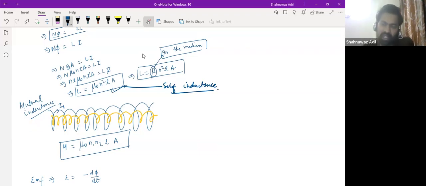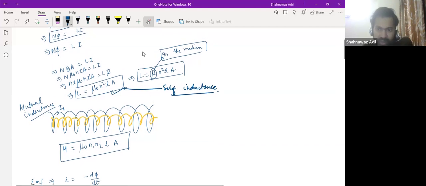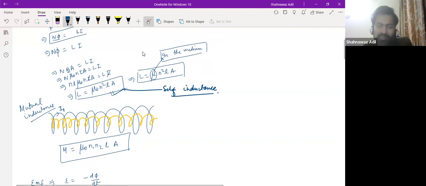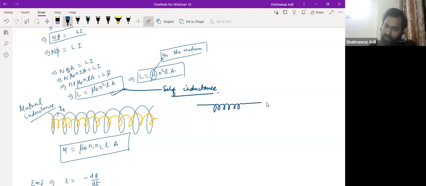This inductance is related to the energy, right? So we can find out the energy, and we can also find out the EMF for the inductor. For an inductor whose self-inductance is L, the EMF is simply minus L di by dt.